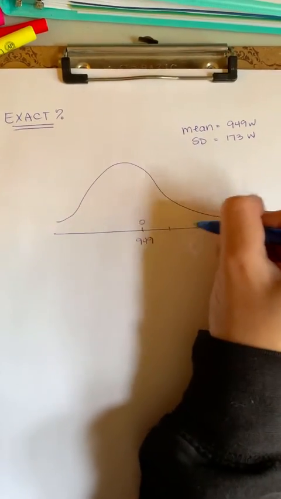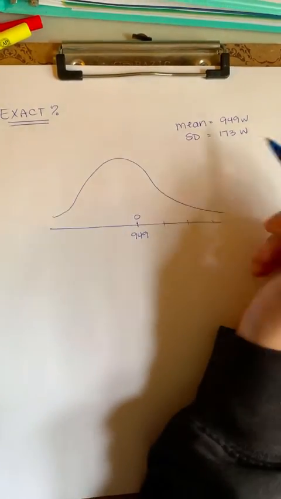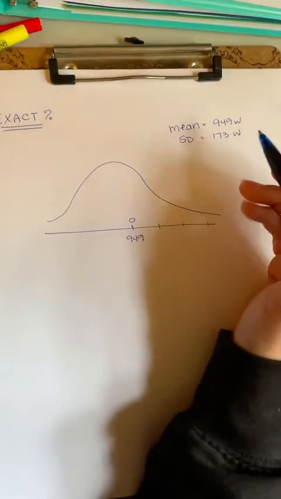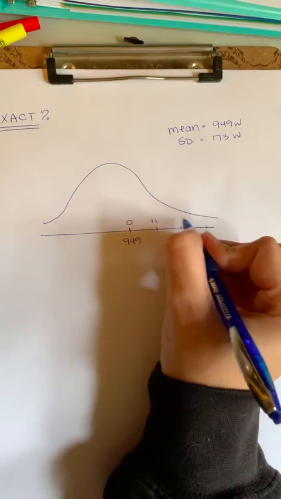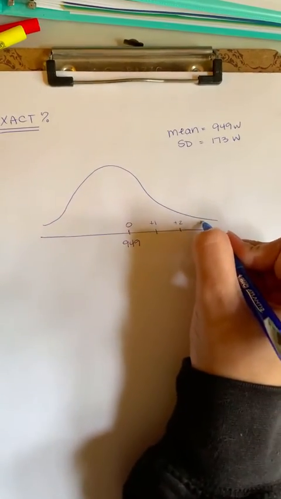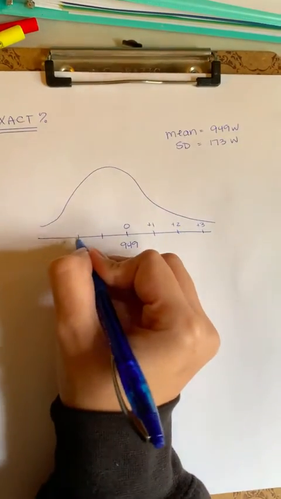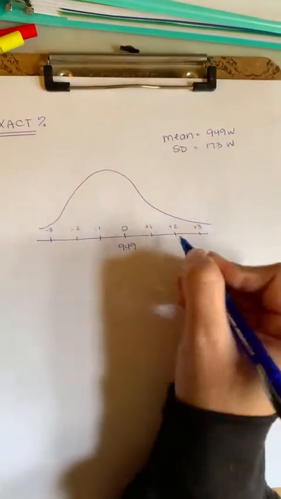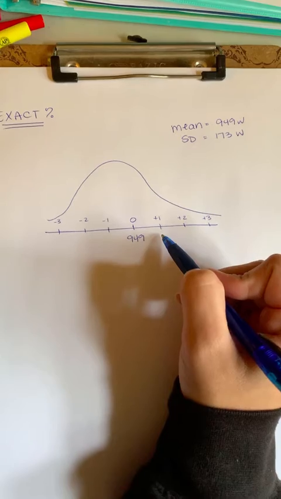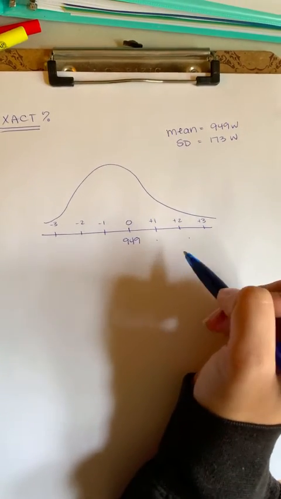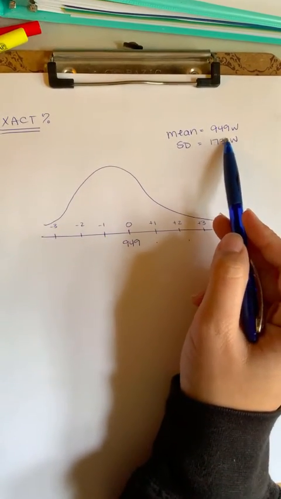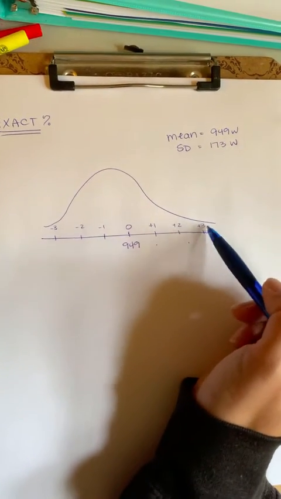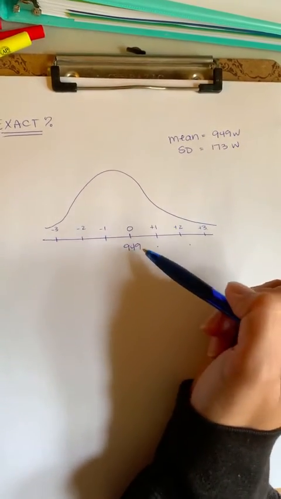And then what we could do from here is use these values to guesstimate where 801 would exist. So if this is +1, +2, +3 standard deviations, and then same thing in the other direction, we can calculate what values would exist at each of these standard deviations by adding or subtracting 173, respective to how far away from the mean we are.